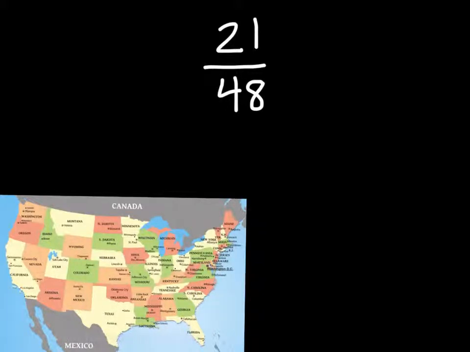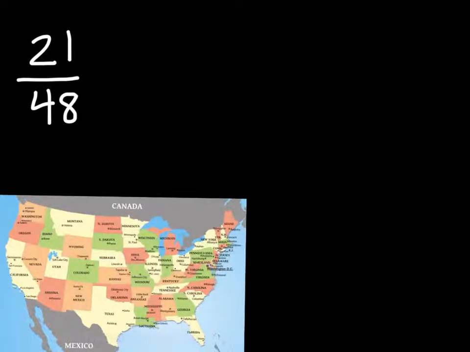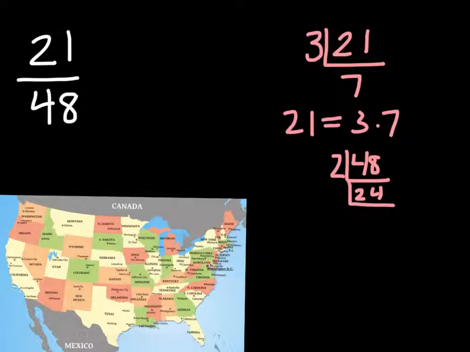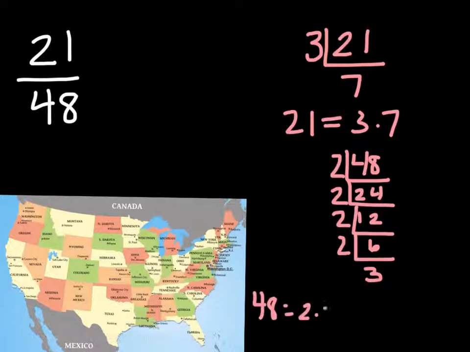So let's begin by writing the prime factorization of each number. 21's prime factorization will be 3 times 7. Now let's prime factor 48. So we'll get 2 and 24, 2 and 12, 2 and 6, 2 and 3. So 48's prime factorization is 2 times 2 times 2 times 2 times 3.